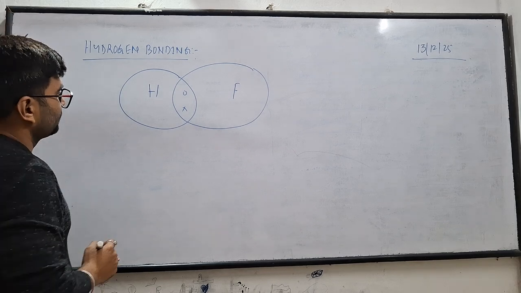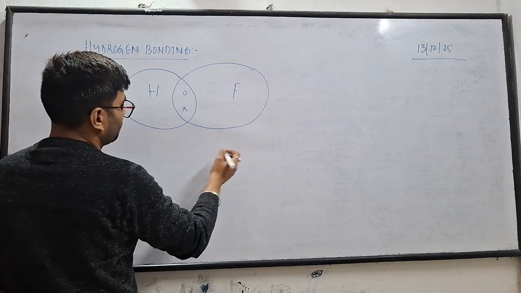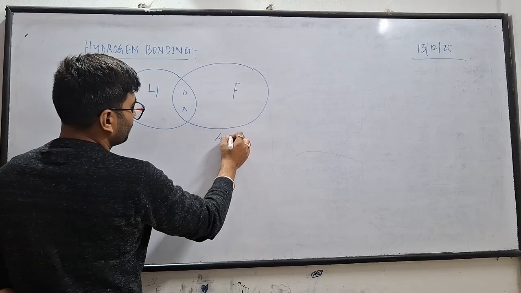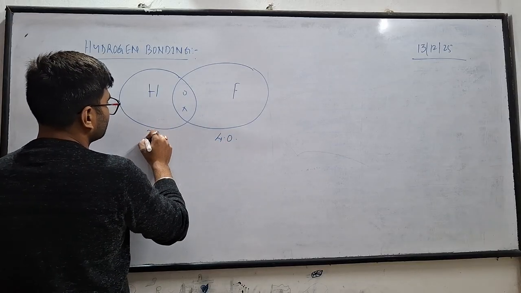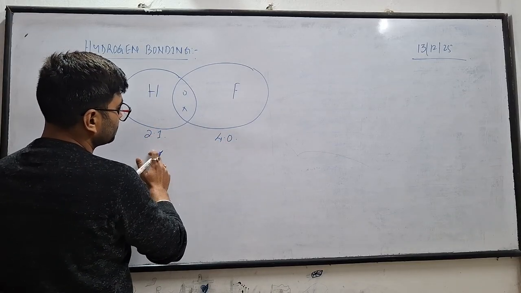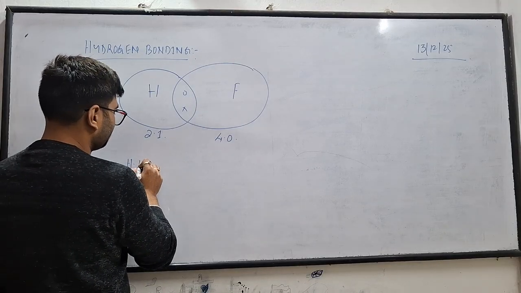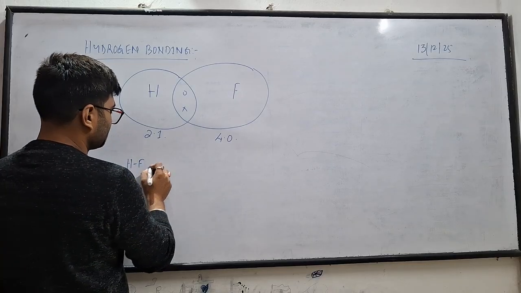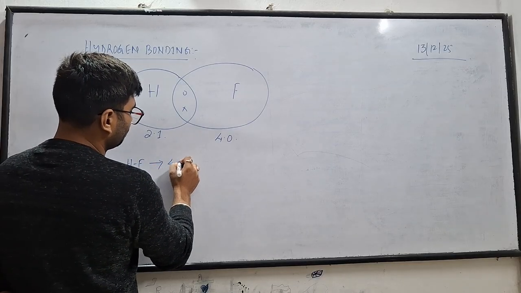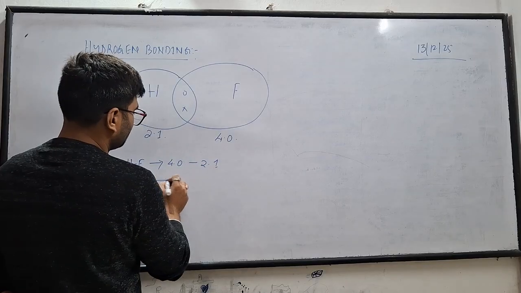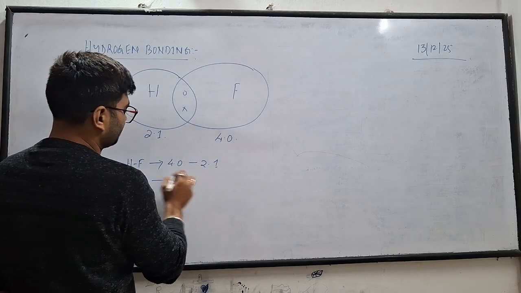We know that the electronegativity of fluorine is about 4.0 and for hydrogen it is about 2.1. So what is the electronegativity difference between the two? The electronegativity difference between H and F is 4.0 minus 2.1, that is 1.9.